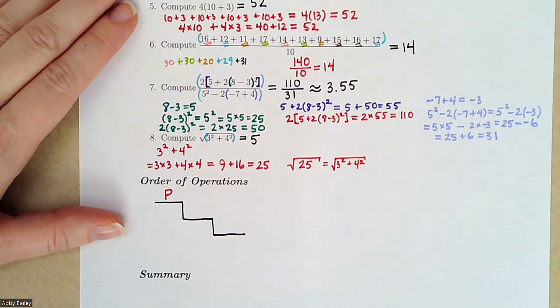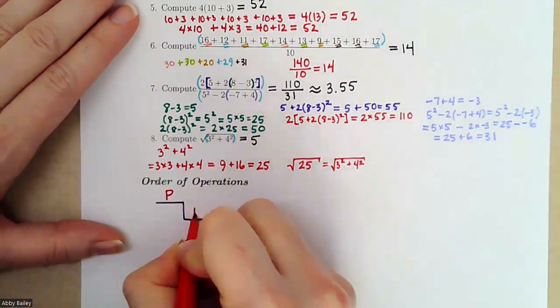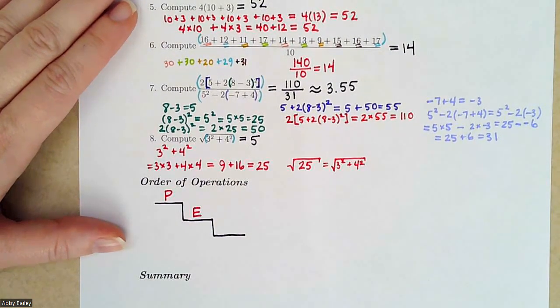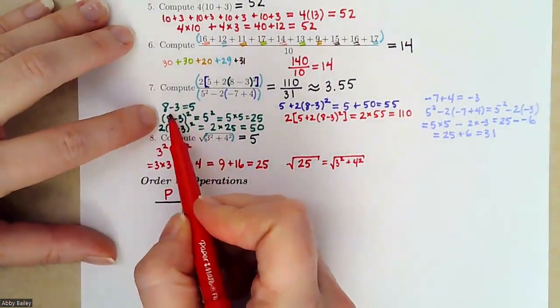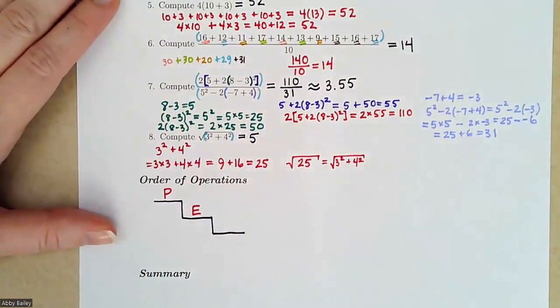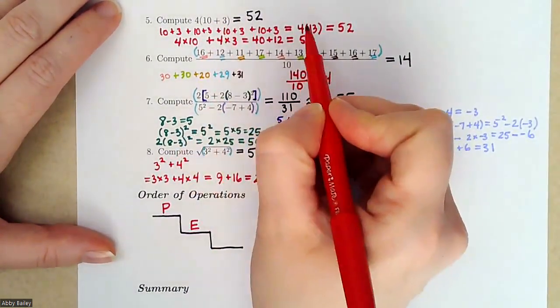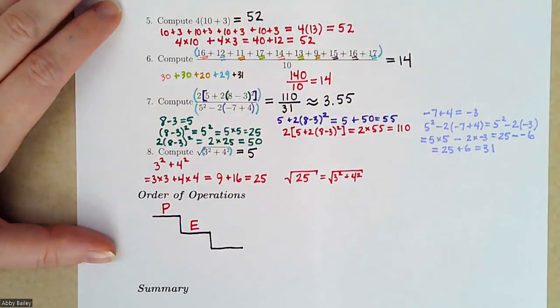Do parentheses first, then exponents as we see them. So zero in on the parentheses, compute that first. Like when we zeroed in on this 8 minus 3, and like here where we did this 10 plus 3, that made our job quicker.